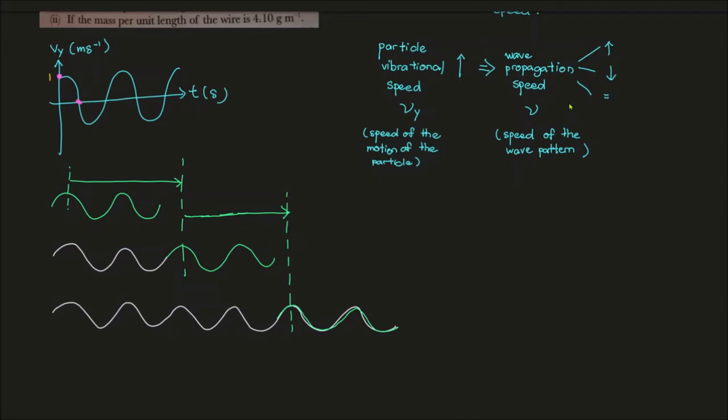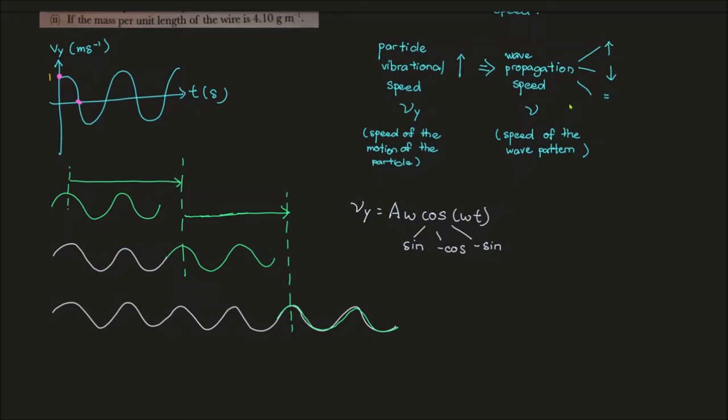So what controls this speed actually? Particle vibrational speed, we usually represent it with the formula Vy equals A omega cos omega t, where this cos can sometimes be sine, can sometimes be negative cos, can sometimes be negative sine. It depends on the initial condition of the wave.